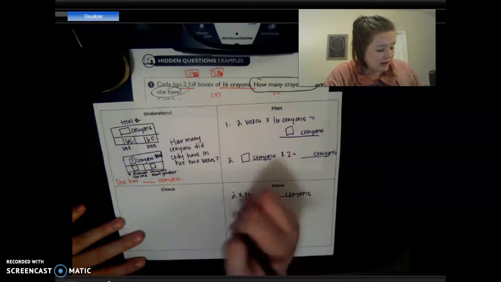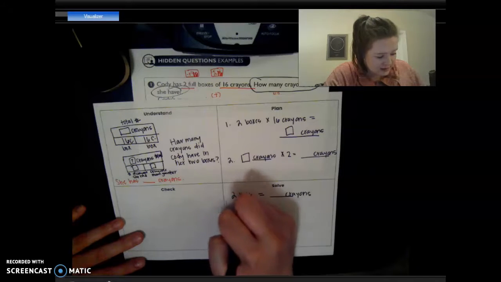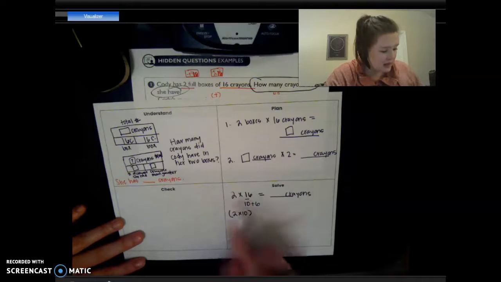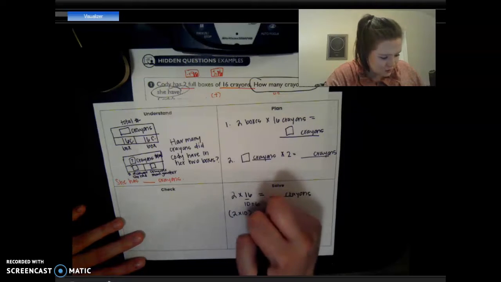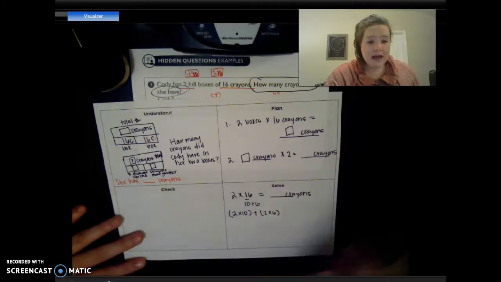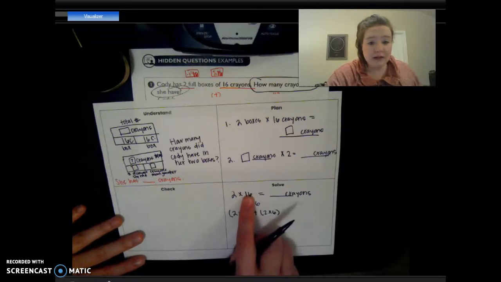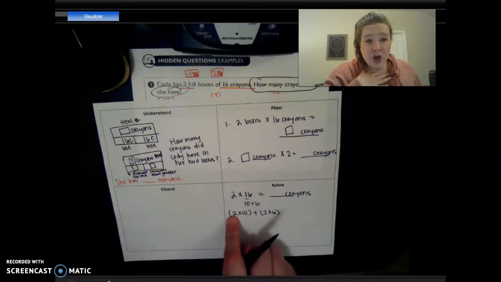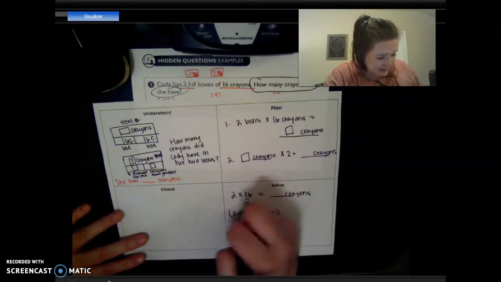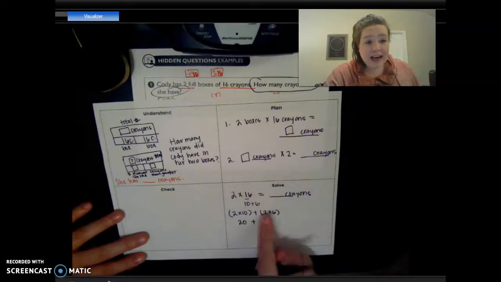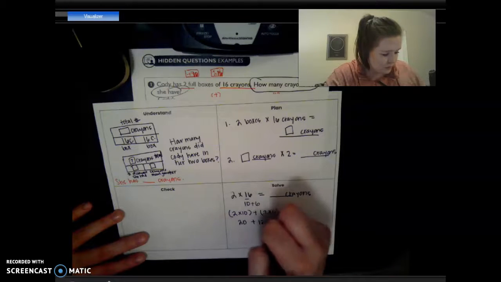I am going to multiply 2 times 10 plus 2 times 6. I'm going to multiply 2 times my tens place and 2 times my ones place. I know that 2 times 10 is 20, plus 2 times 6 is 12.